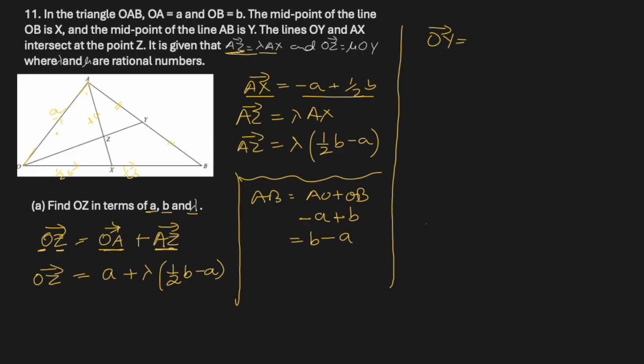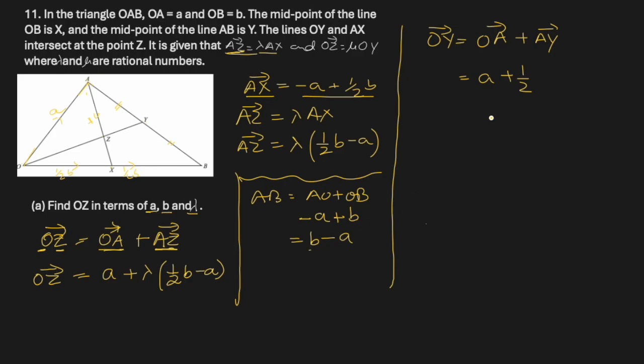So OY can be written as OA plus AY, right? OA is A, and AY is half of AB. AB is from here to here and AY is half of that. So what was AB?